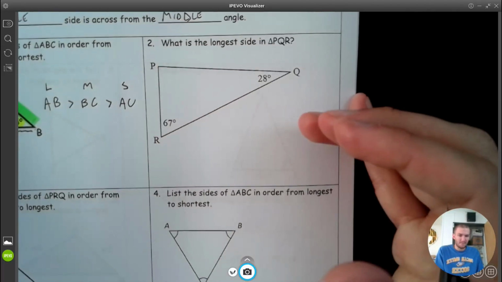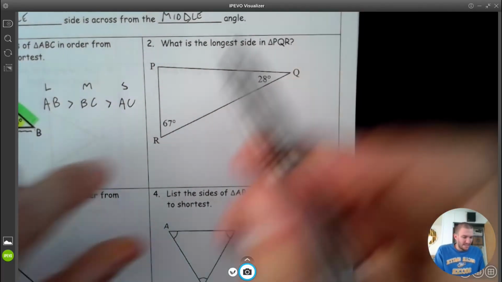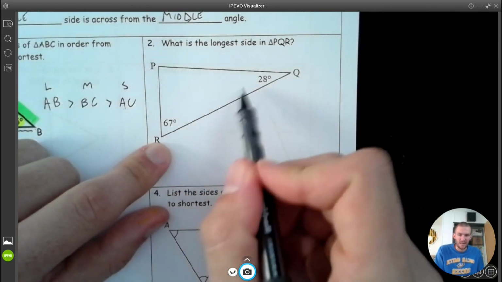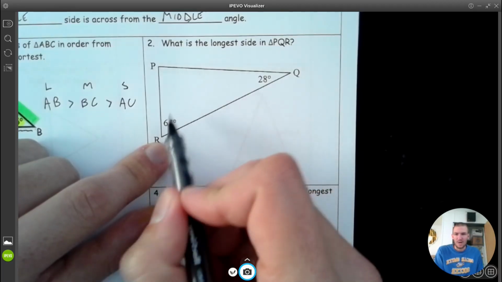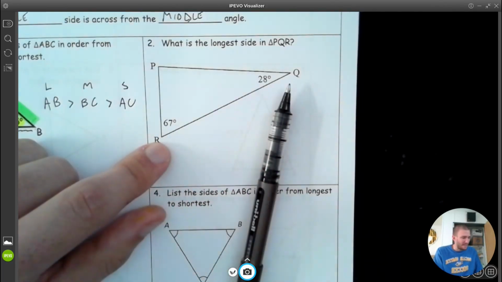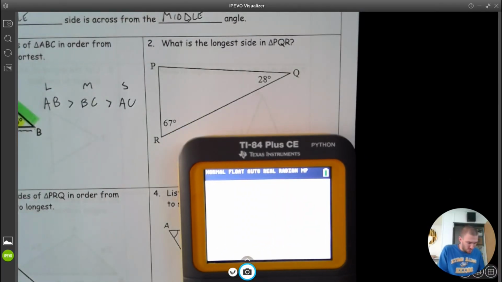Now here's what I was saying when I said that you may need Desmos just for this, trying to figure out, okay, I don't know what this third one is here. I think it's probably bigger than 67, but it might be a little close. And so I can use a calculator and just do my 180 trick.